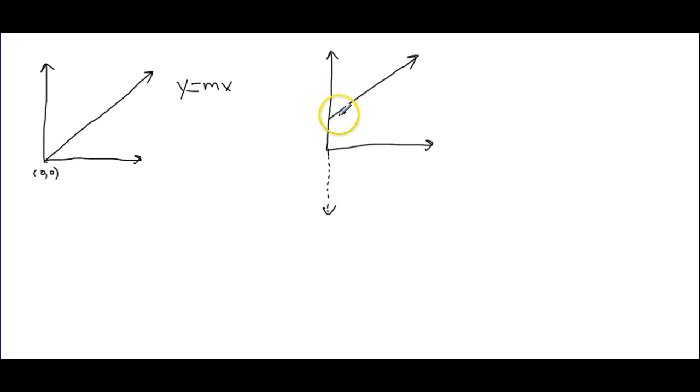Well, this particular type of line that does not pass through the origin is called a partial linear relation. We know that from previous videos. So what is the formula for that line? Well, the point where it crosses our y-axis, we know, is called the y-intercept.